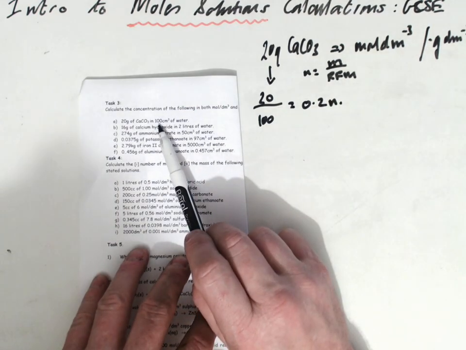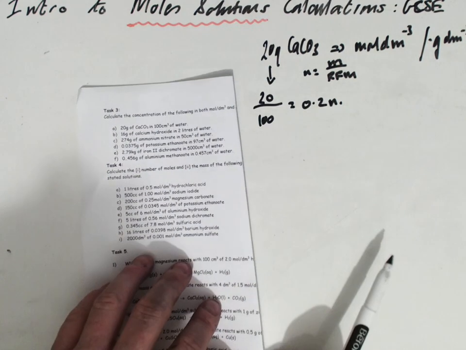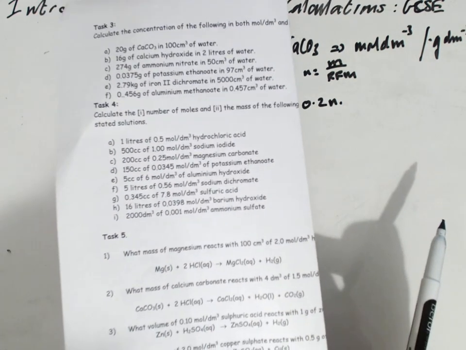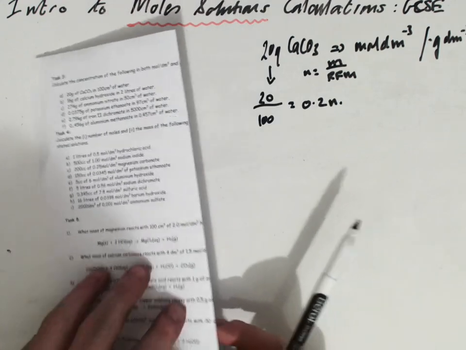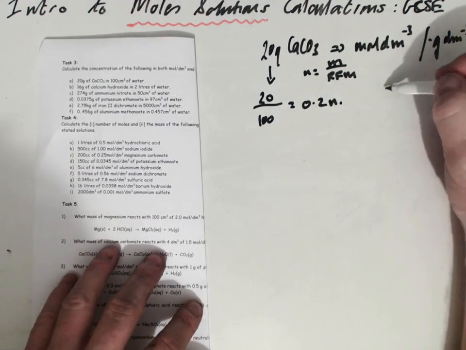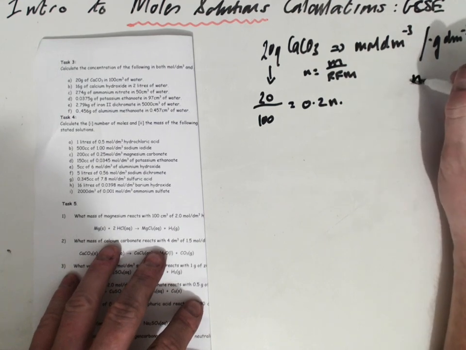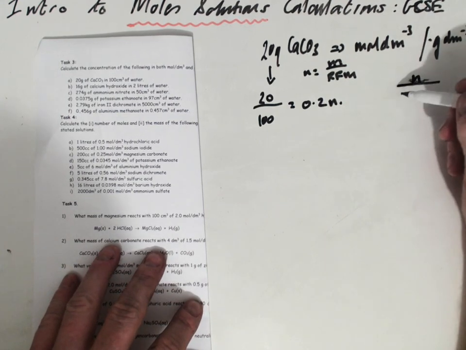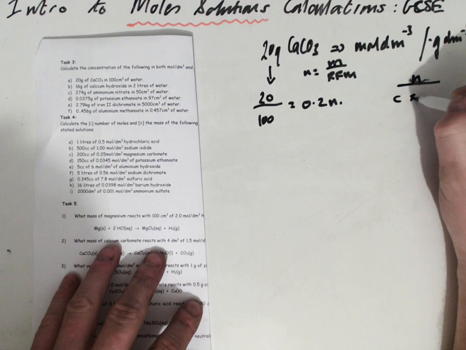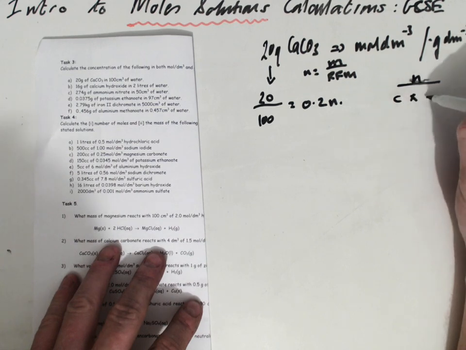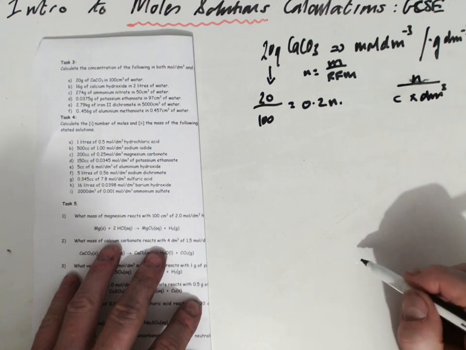Now that is dissolved in 100 cubic centimeters, so we've got to work out the concentration. Remember, n, number of moles, equals concentration in moles per decimeter cubed multiplied by volume in decimeters cubed.